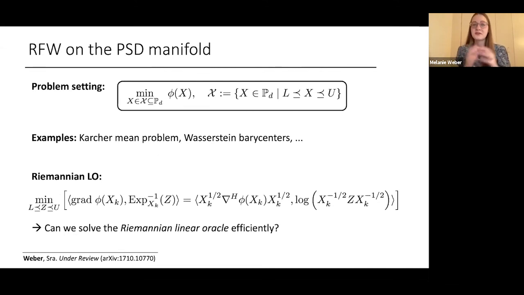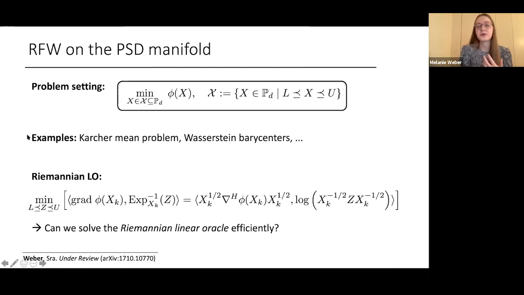Okay, and now to give one specific example for how to efficiently implement that method and use it in practice, let's focus on the PSD manifold, so the manifold of positive definite matrices. And let's consider constraints that are interval constraints. So we have in Löwner order a lower and an upper bound.